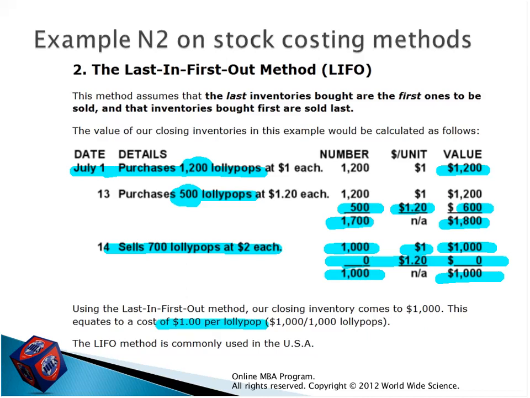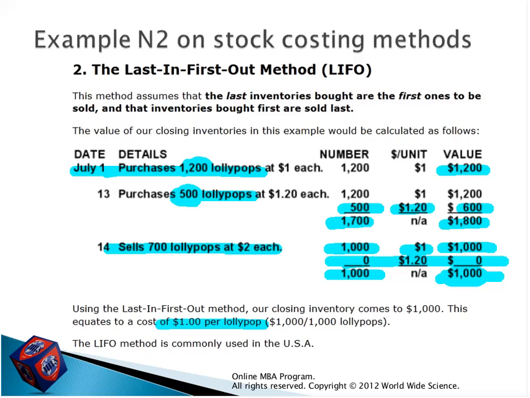And this 1,000 value of the inventories will be reflected in the balance sheet if we use the LIFO method. The LIFO method is commonly used in the USA. Other countries mostly use the FIFO or the average costing methods. So, any questions so far?